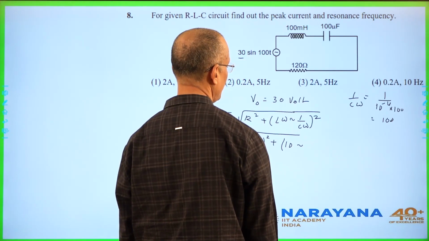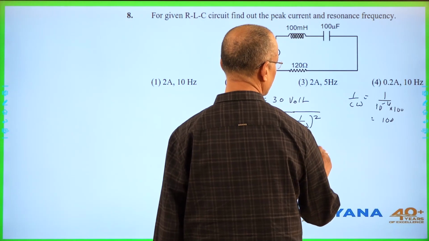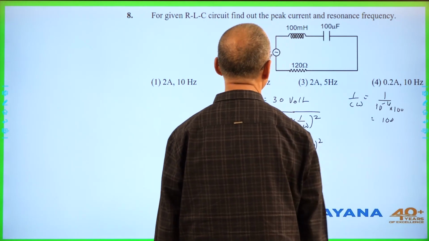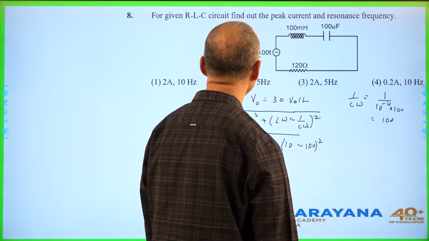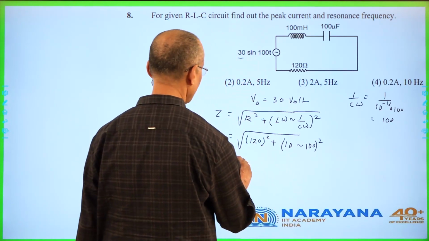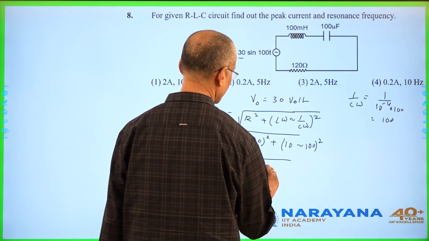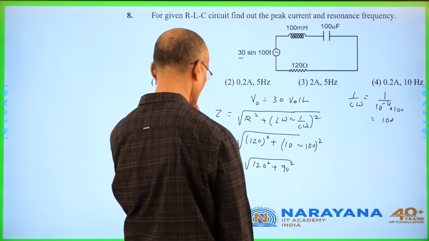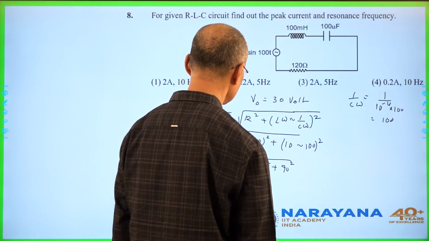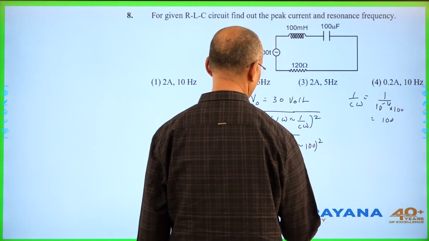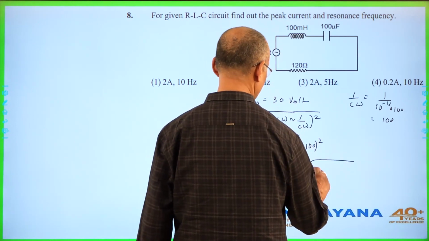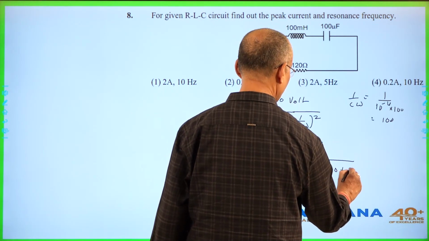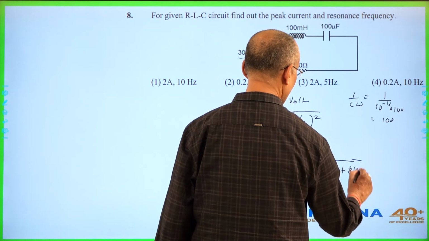So this one is 100 squared, 1 by C omega, this squared. We'll have to check milli and Henry. You are getting 120 squared plus 90 squared, so it is 14400 plus 8100.